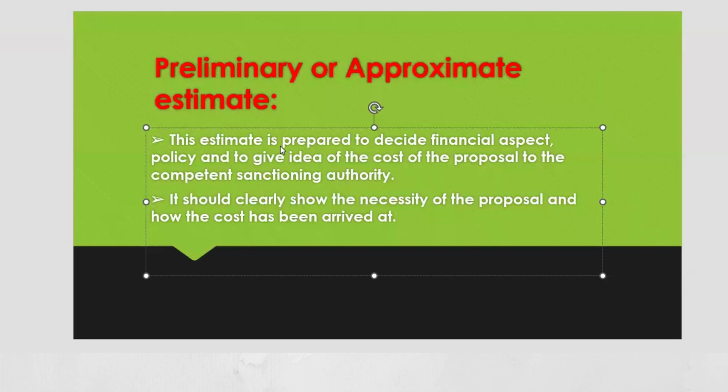So next, it should clearly show the necessity of the proposal and how the cost has been arrived at. So in that estimate, it should also involve the procedure or the proposal and how we have calculated the cost, so that there should not be any mistakes or misconceptions, and they should not find any errors in that particular estimate.